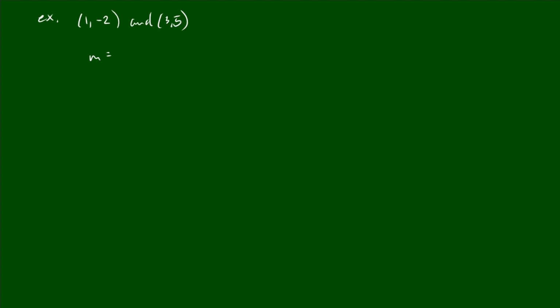Well, y2 is 5 minus y1, which is -2, over the delta x, 3 minus 1. Okay, at the top you have 7 over 2. So the slope is 7 over 2. That means for every 2 units you travel horizontally, you're going to travel 7 units up. 7 units in the vertical sense.